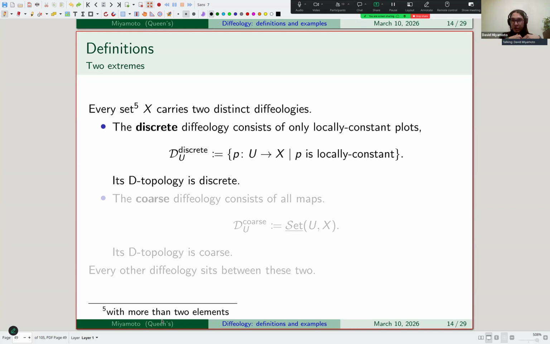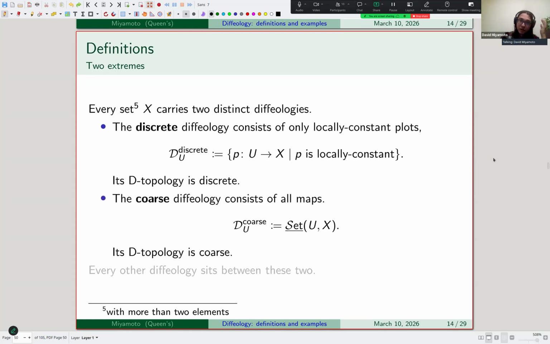This is called the discrete diffeology, and the D topology of X equipped with this diffeology is discrete. Everything is open because the plots are all locally constant, so it's very easy for the pullback to be open. They're just constant maps. So every subset of X is open. In other words, the topology is discrete.